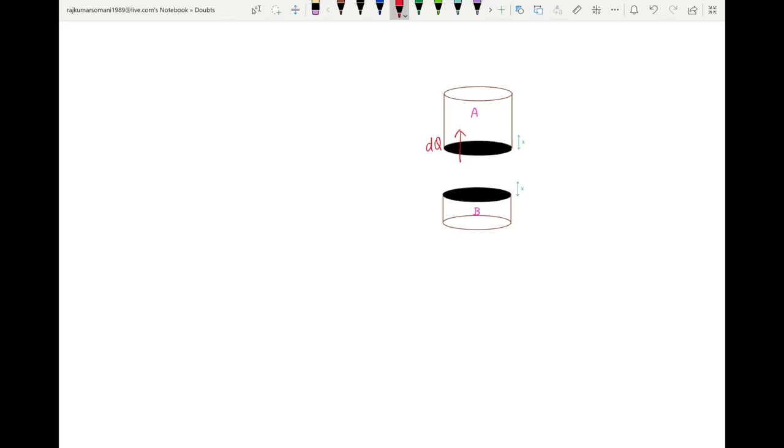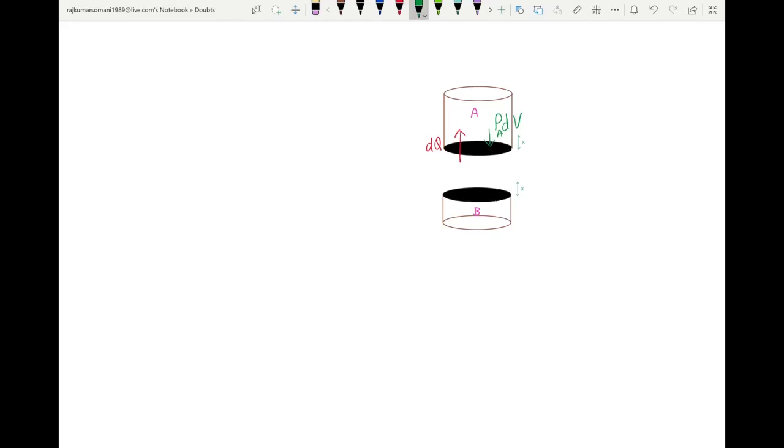And let's say at this particular instant the work done by the gas on the partition is PdV, or I'd rather say P_A dV, where P is the pressure of chamber A and dV is the change in volume of chamber A.